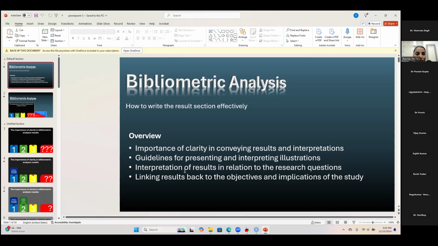We are fortunate to have Dr. Namrata, who is an expert in bibliometric analysis and manuscript writing, leading us today.